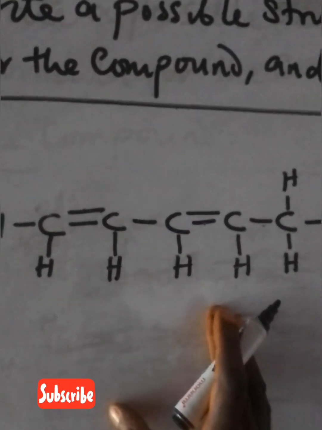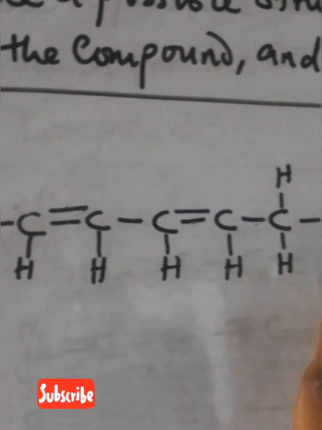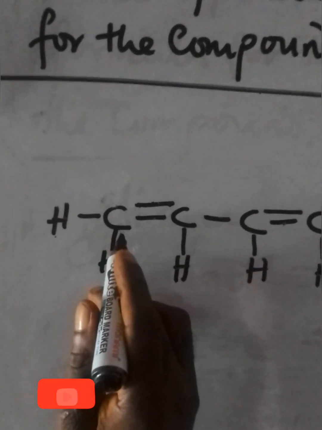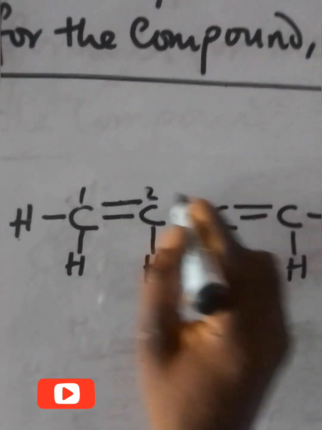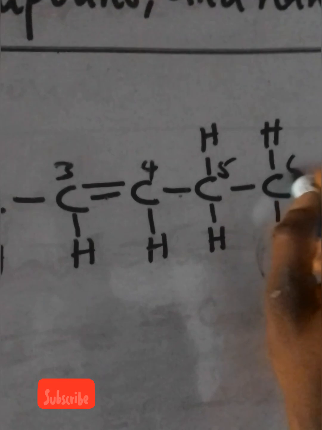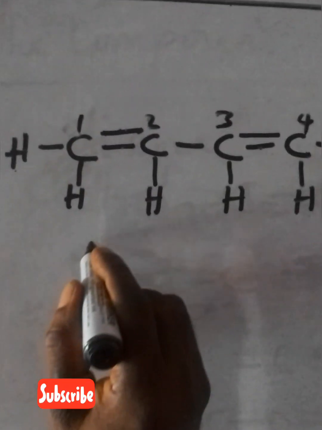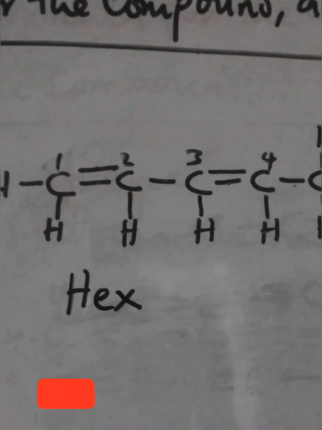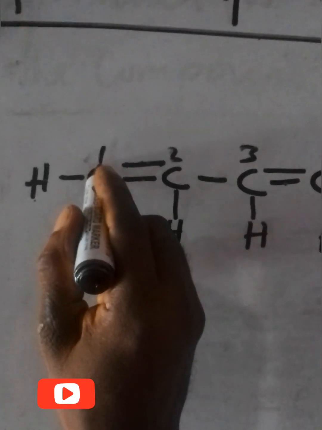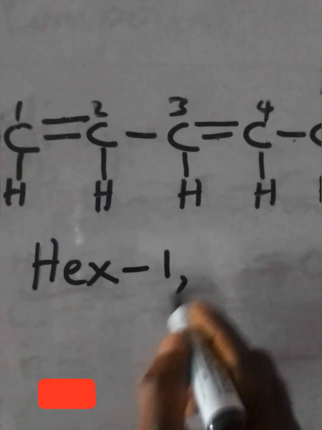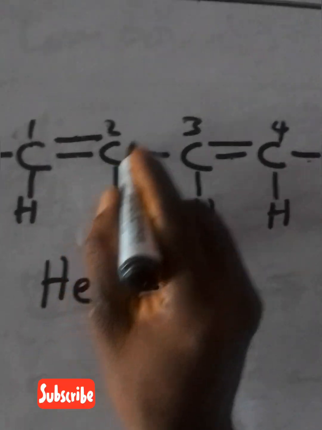To name this compound, you number the carbon atoms from the end where the double bond is closest. And that is this end: 1, 2, 3, 4, 5, and 6. So 6 means hex. Now the position of double bonds. Number 1 carbon has double bond. That is hex-1, comma. The next carbon that has double bond is number 3 carbon.